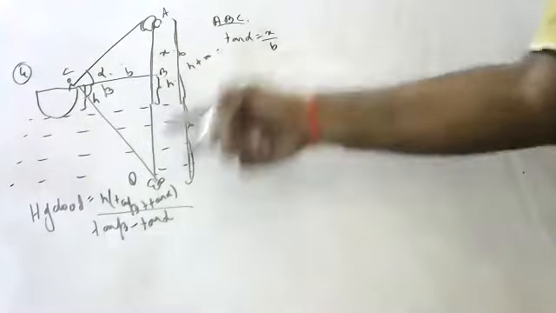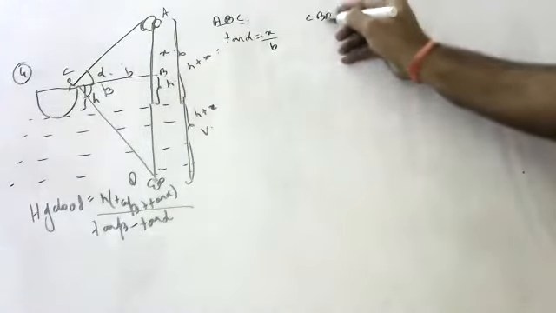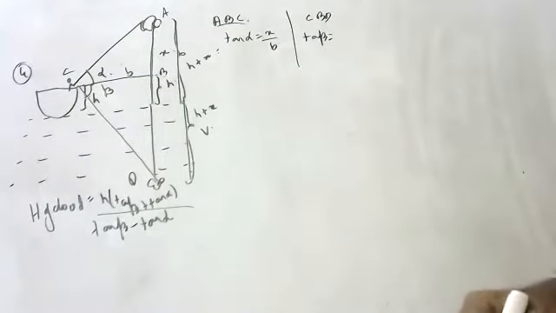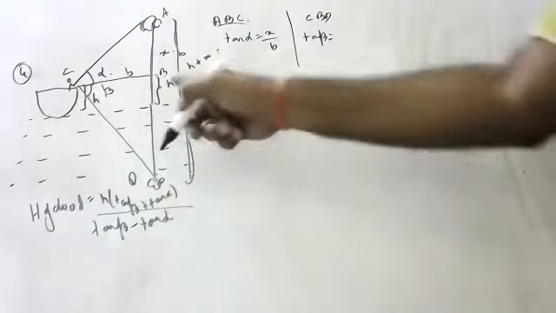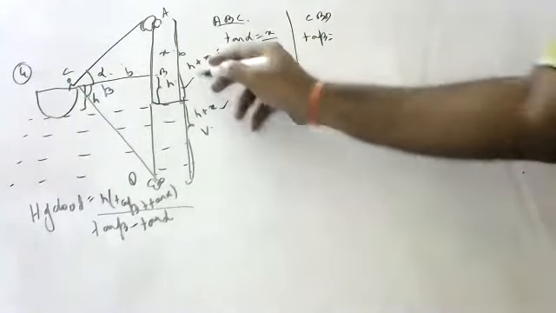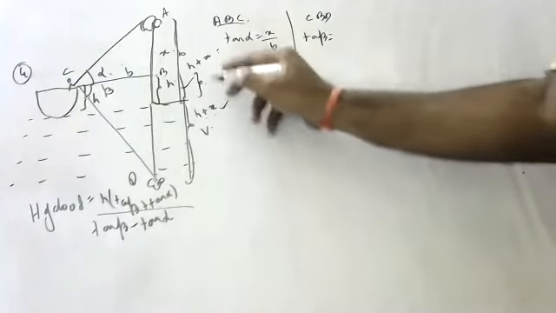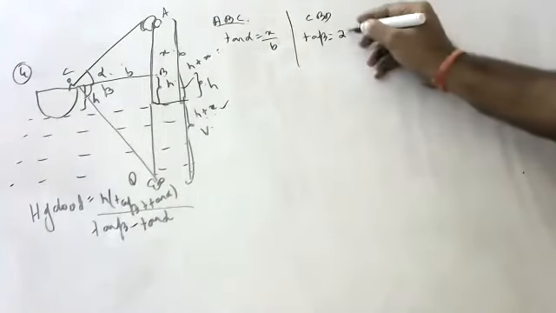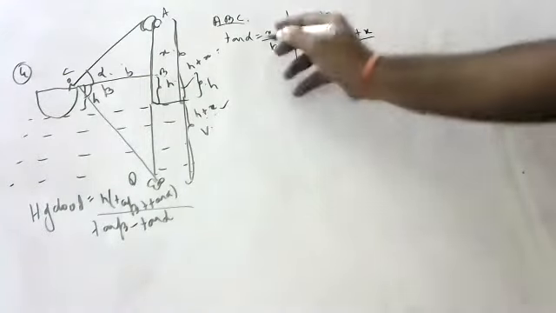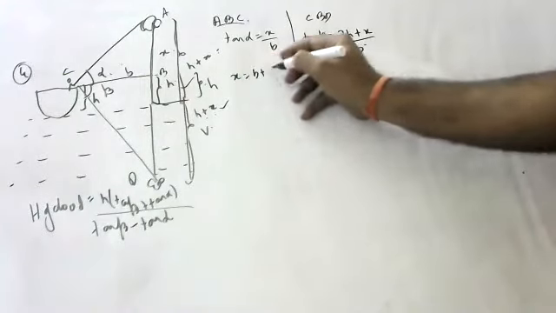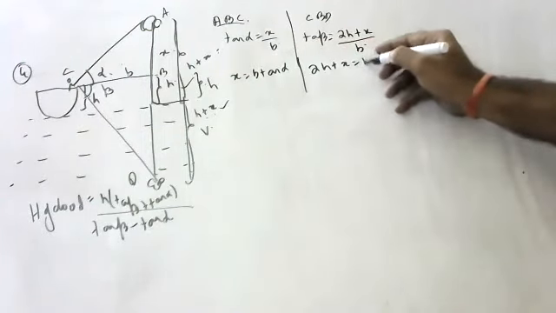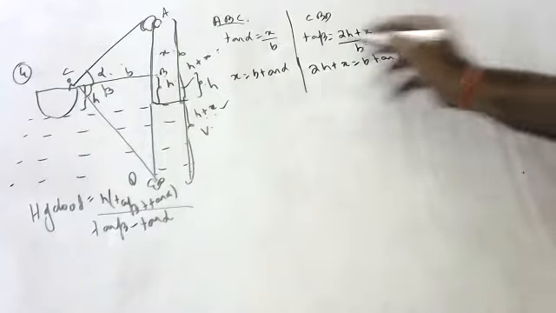In CBD, tan beta is equal to H plus X by B. H plus H plus X, so 2H plus X by B. So what is X? B tan alpha. What is 2H plus X? B tan beta is equal to 2H plus X. Substitute this here.